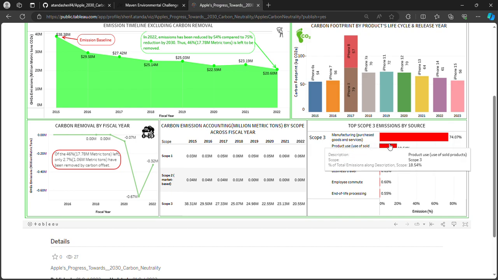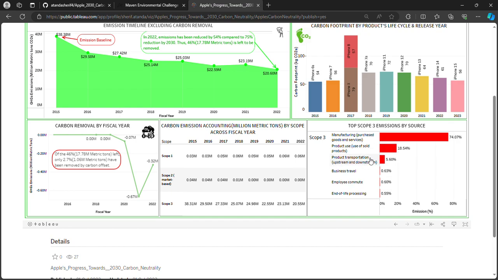Next is the product use. An example of this is the process whereby users charge their gadget. For instance, if the source of electricity is a system that produces emission into the atmosphere, then by charging the gadget, they are also contributing indirectly to the emission of greenhouse gases.